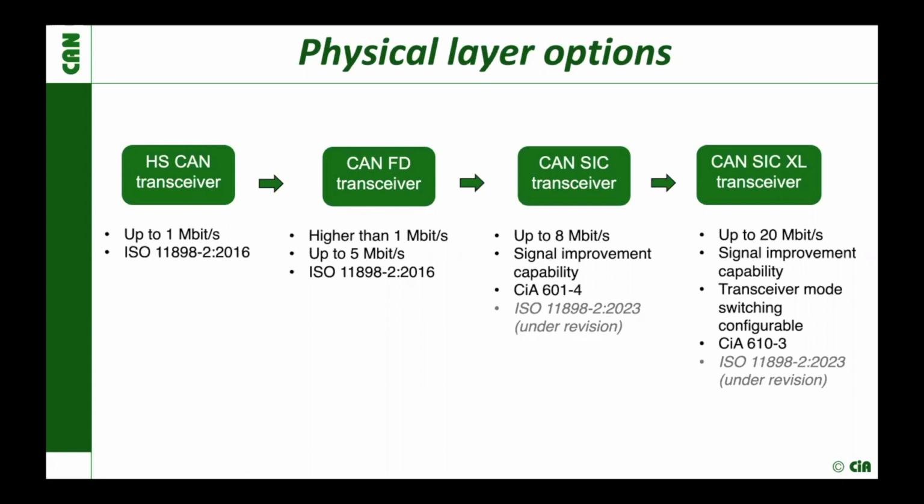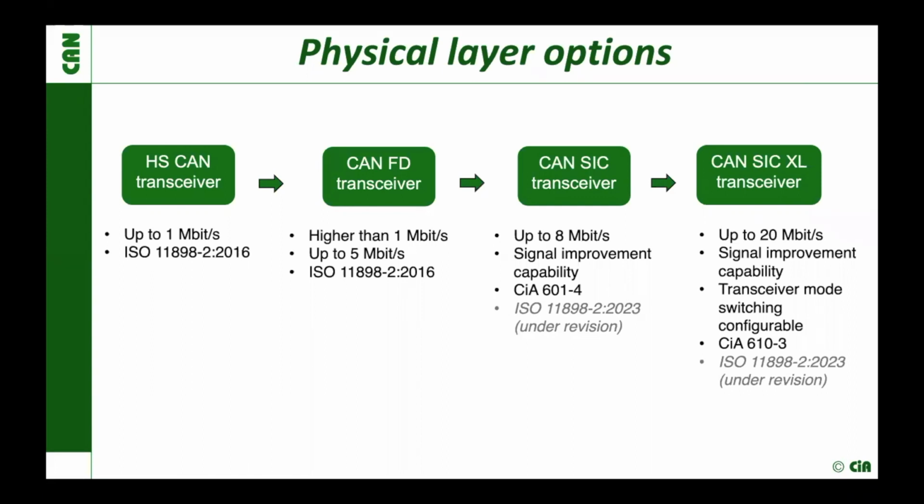On one side, the CAN XL protocol controller provides the encoding, and on the other side, the CAN SIC XL transceiver provides the PWM decoding. Since the PCS resides with the CAN XL protocol controller, the encoding specification is to be found in the 610-1 document, and the PWM decoding is specified in the 610-3 document.